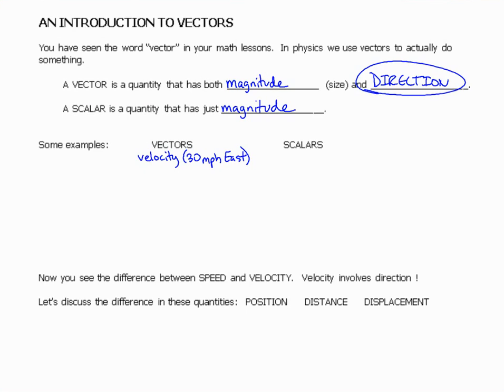The scalar version of this is speed, which we could just say the speed is 30 miles per hour. So the vector quantity is velocity, the scalar quantity is speed, and the difference comes down to the velocity also includes direction.